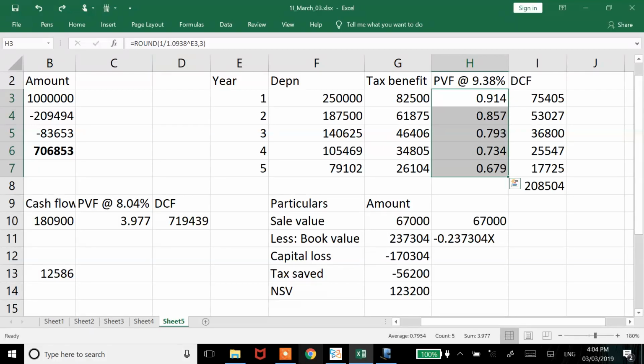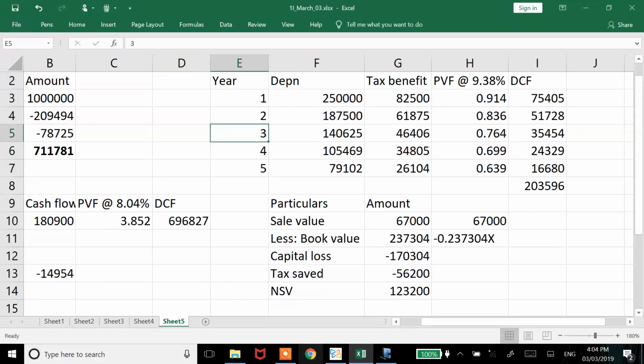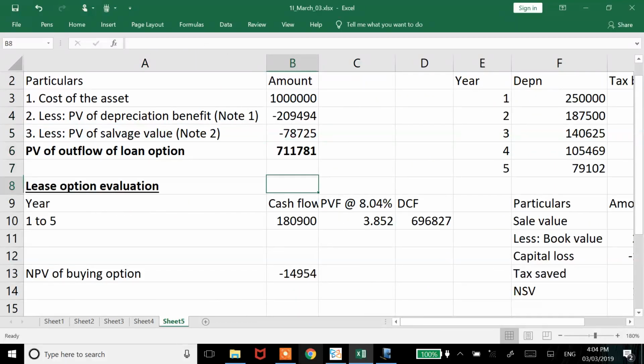Next, evaluation of lease option. Do at 9.38%. Earlier we did it at 8.04%. Now we'll change it to 9.38.